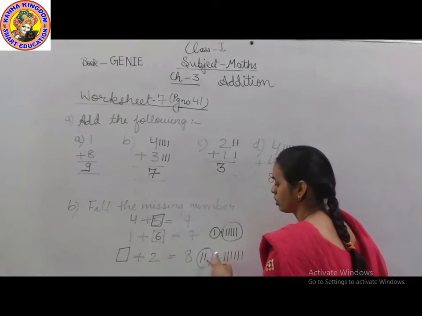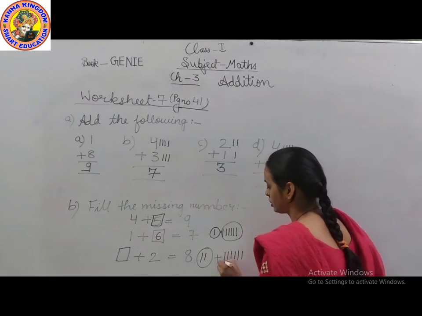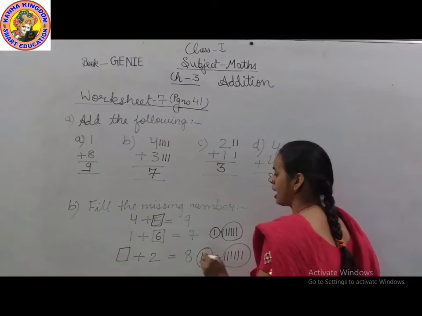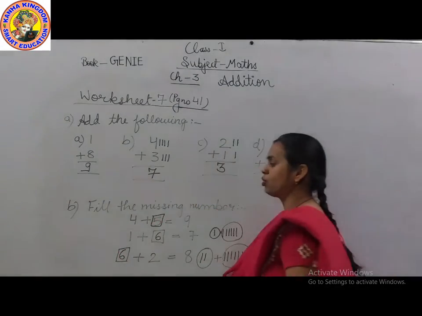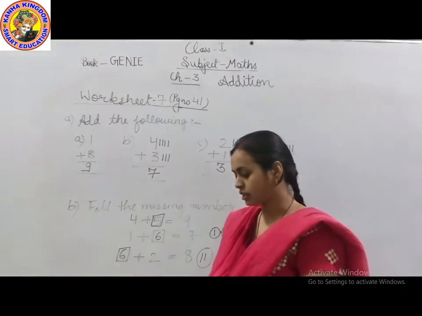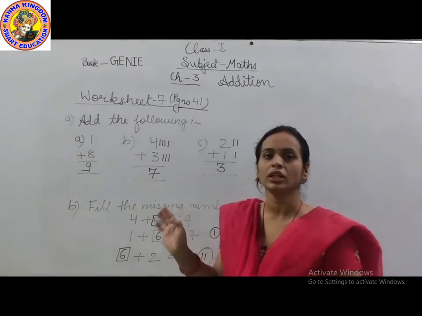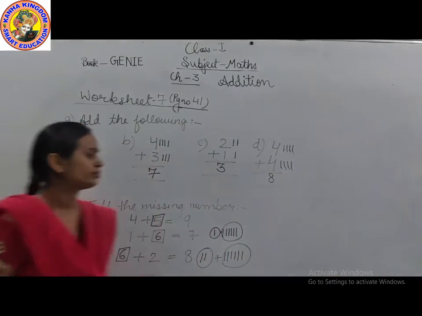So after 2, 3, 4, 5, 6, 7, 8. So how many lines after 2? 1, 2, 3, 4, 5 and 6. Means 6 plus 2 equals to 8. Rest all the questions of worksheet 7 do in your GD book.